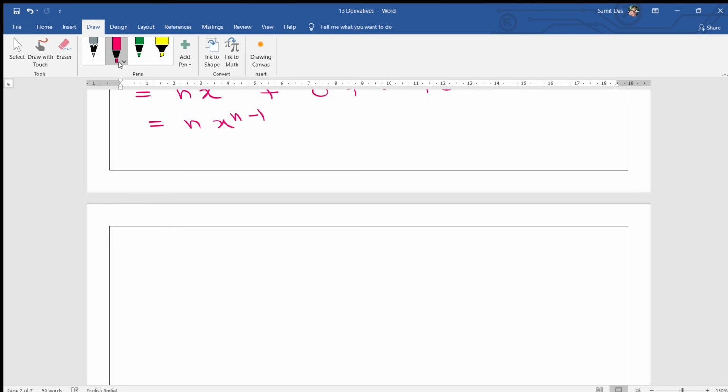So our formula, let me write the formula. f of x is equal to x to the power n.